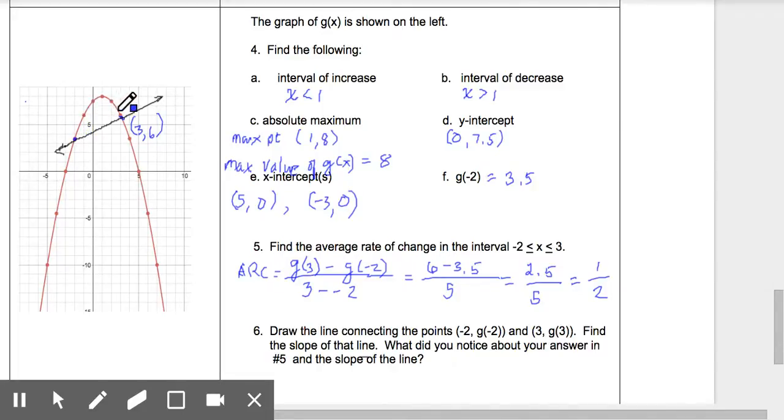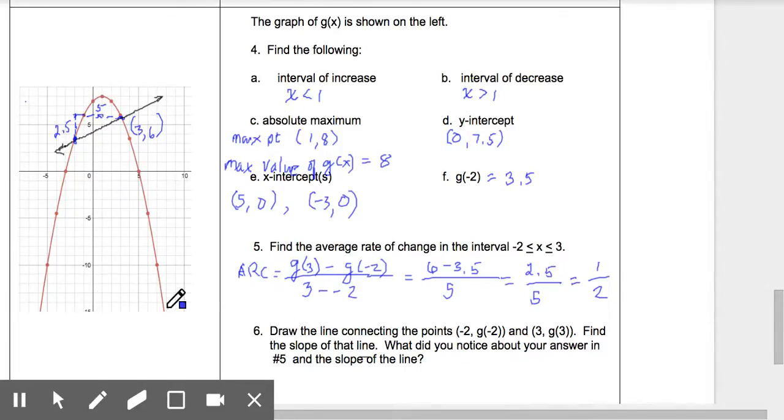So we're now at the same level as the point. That is 2.5. We went up 2.5. Then here, 1, 2, 3, 4, 5, we're going to go to the right 5 steps.